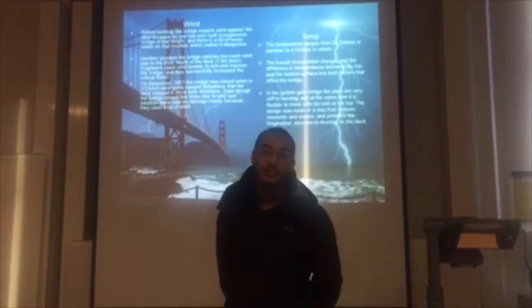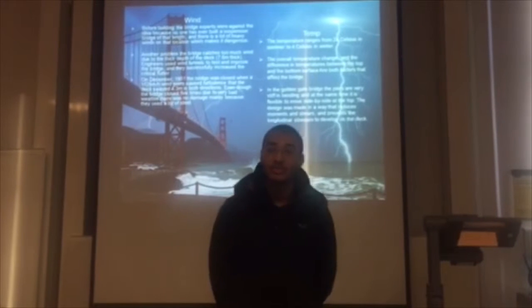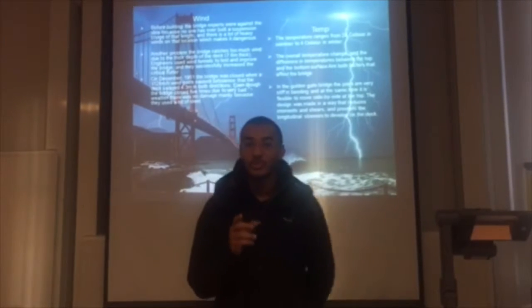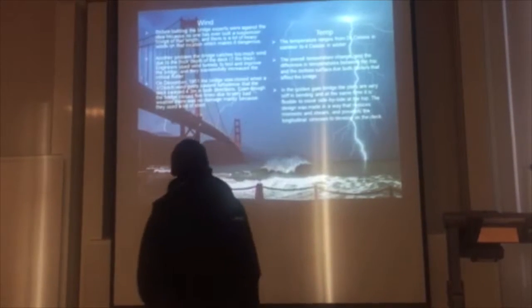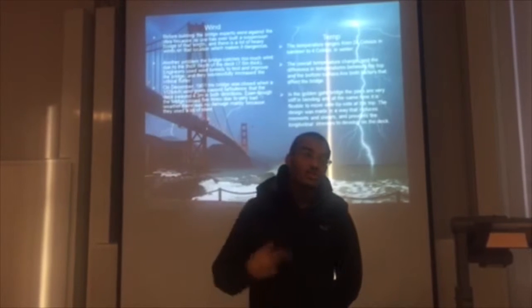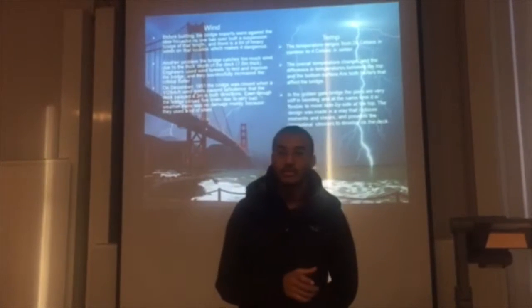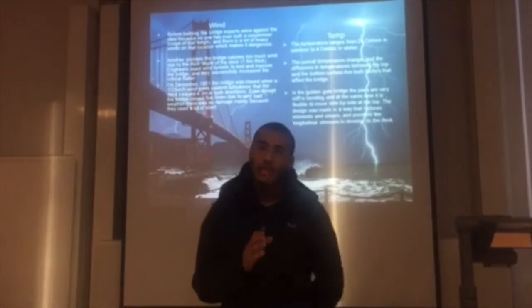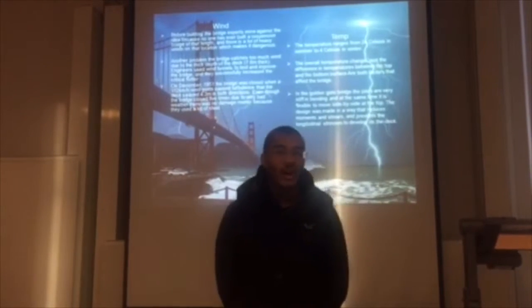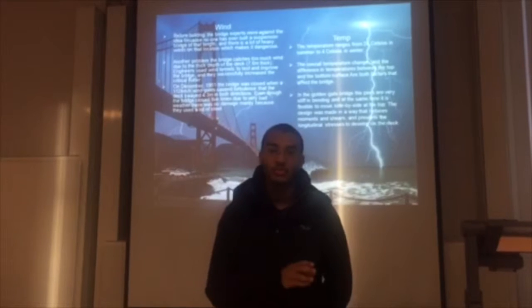Another problem was that the bridge catches too much wind due to the thick depth of the deck, which is 7.6 meters. Engineers used wind tunnels to improve the bridge against the winds, and they successfully did it. The bridge was closed about 5 times due to bad weather.